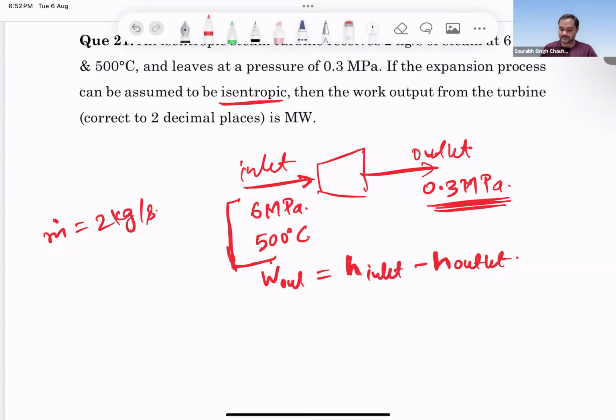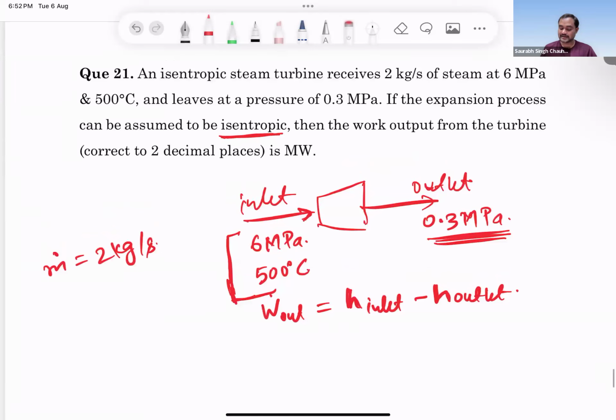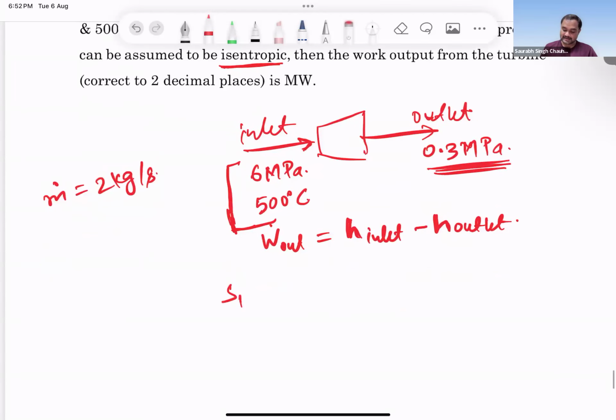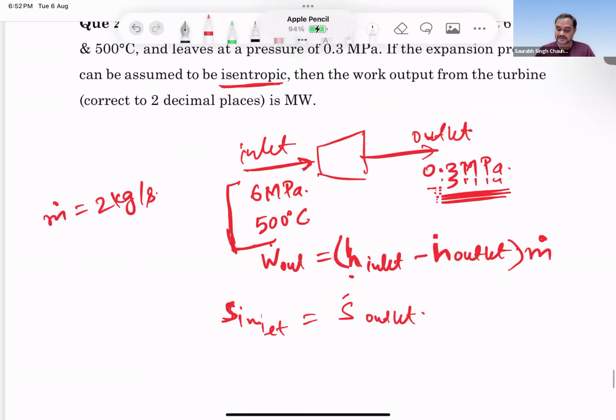That will be entropy, because it is given that we can assume this process to be isentropic. So entropy at inlet will be entropy at outlet. And we will have to multiply this with mass flow rate. So we can find entropy at inlet using the steam table.